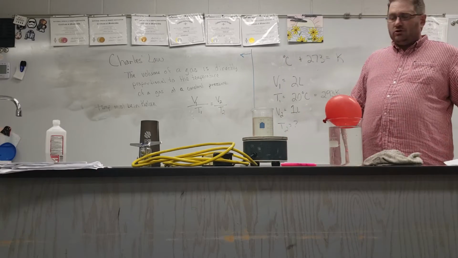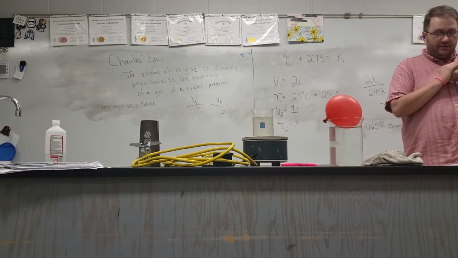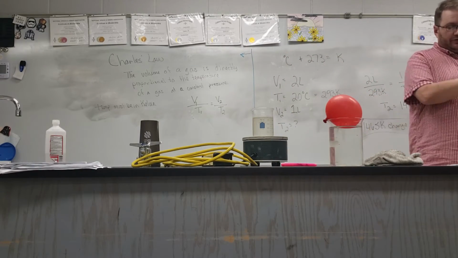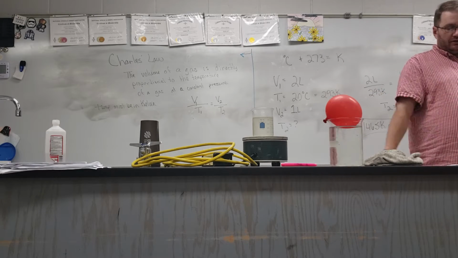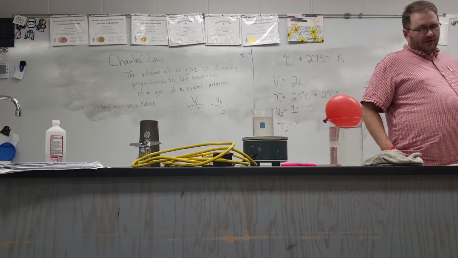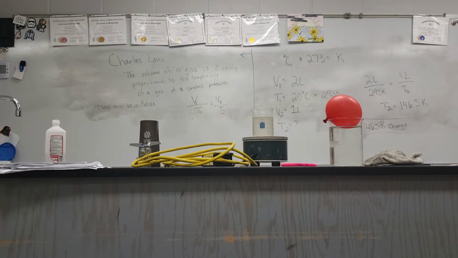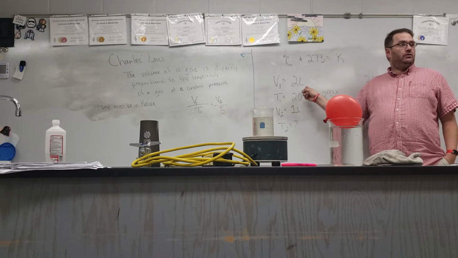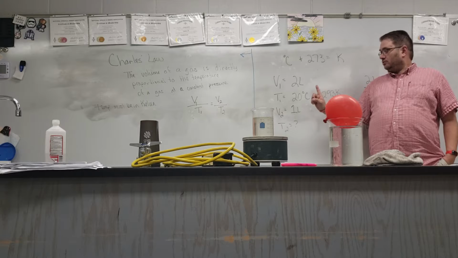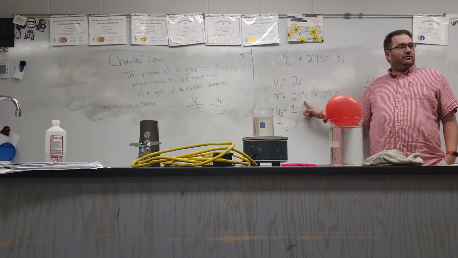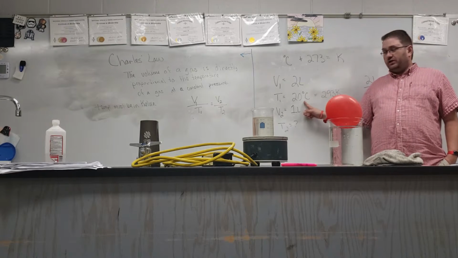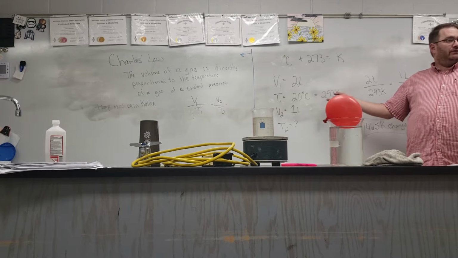All right. So number 1 says calculate the decrease in temperature when 2 liters at 20 degrees Celsius is compressed to 1 liter. So starting volume is 2 liters. Starting temperature is 20 Celsius, which is 293 Kelvin.